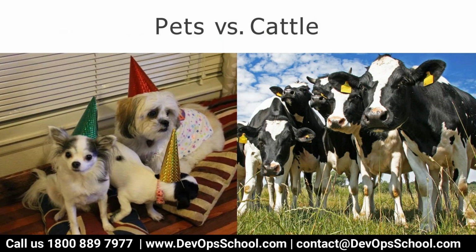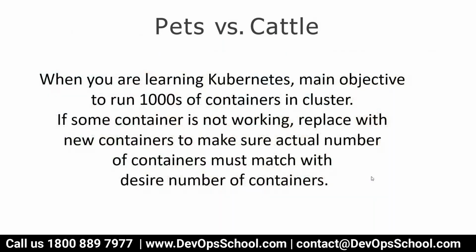So when you are learning Kubernetes, the main objective is to run thousands of containers in a cluster. If some container is not working, Kubernetes will replace it with a new container to make sure the actual number of containers matches the desired number of containers. That's the work Kubernetes will do, but you have to set your mindset as well.